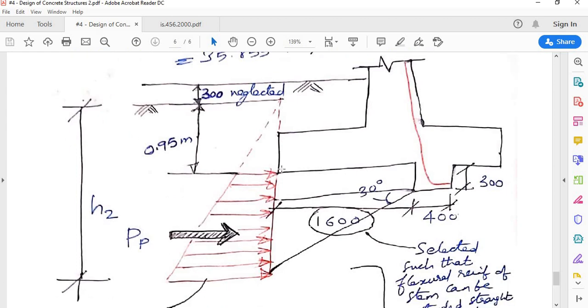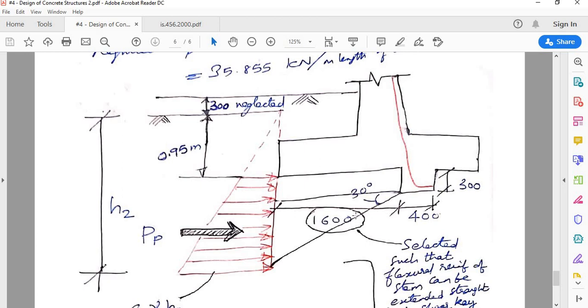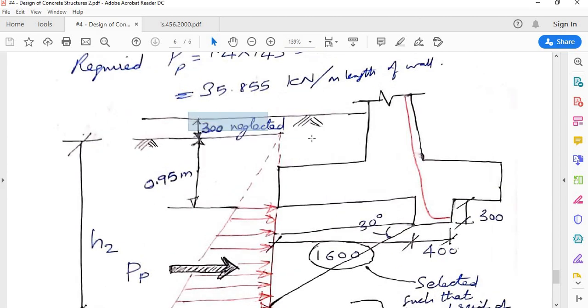Here we know that this dimension is 1.3, so this is 0.65 meter. This length we can take as 1.6. If you provide around 1.6, this bar will be able to come down like this.